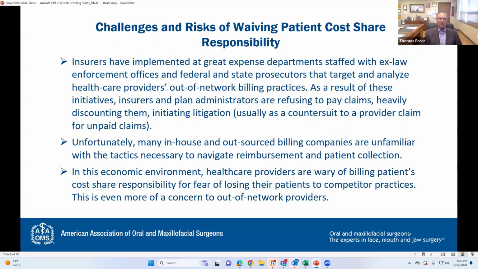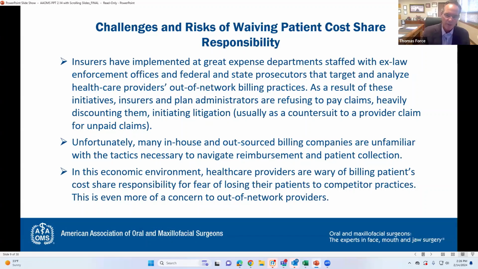So we've talked already about some of the challenges and risks of waiving patient cost share responsibility. Let's talk about carriers, insurers. Whether it's an insurance policy where the insurance company, the Aetna, the United Healthcare, actually insures the medical benefit, or a self-funded policy where the insurance companies are simply acting as an administrator for the self-funded plan, it doesn't matter.